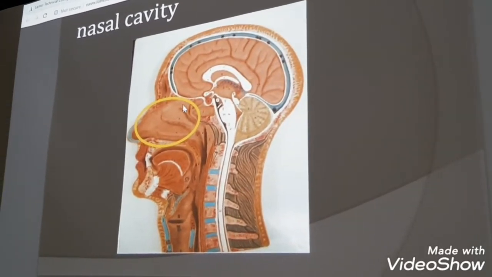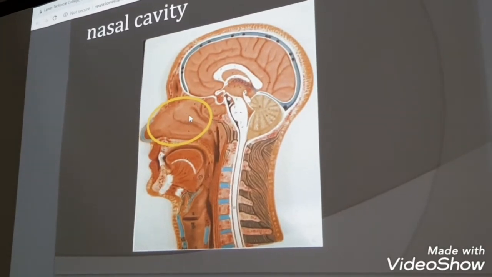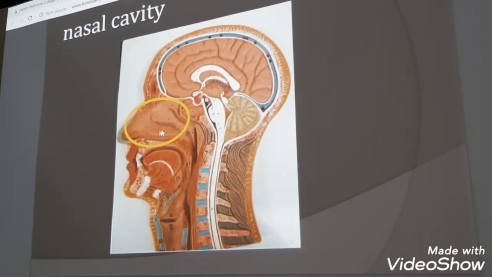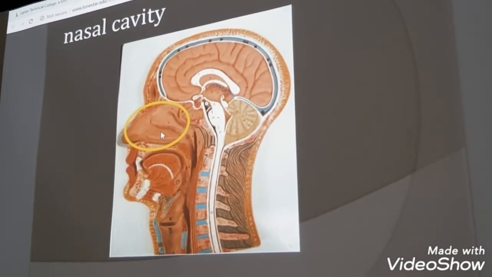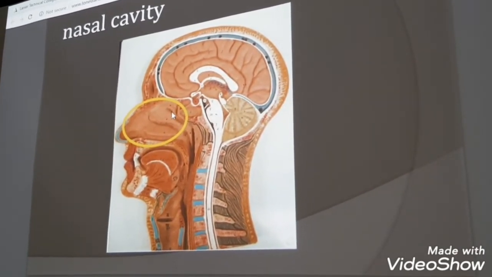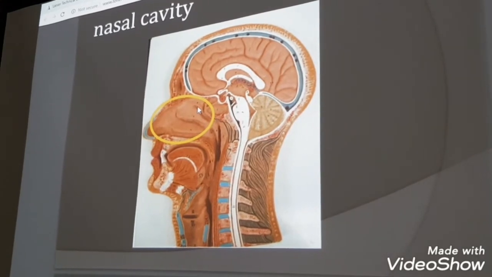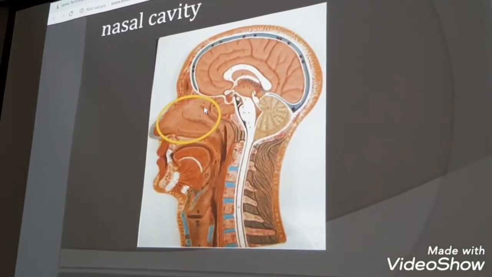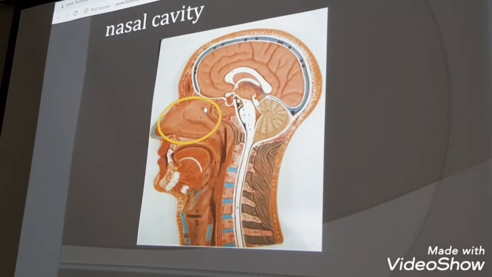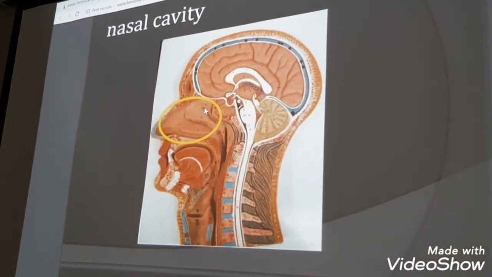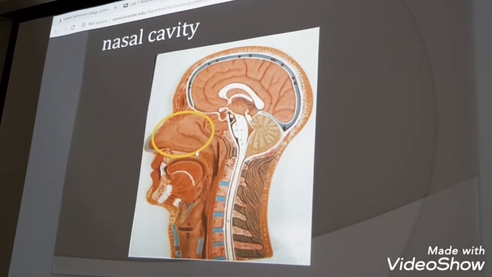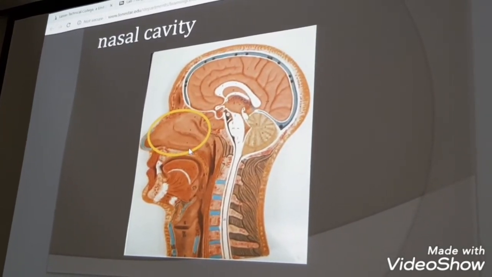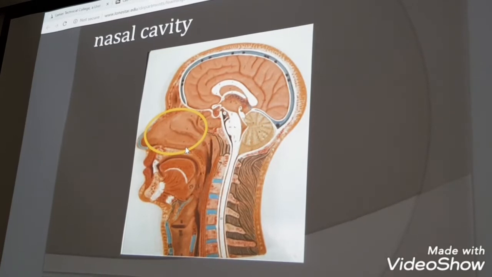So this is the superior, middle, and inferior nasal conchas. And underneath each one of those, there is a slit or a fossa, and those are known as meatus. So this is the superior, middle, and inferior nasal meatus.